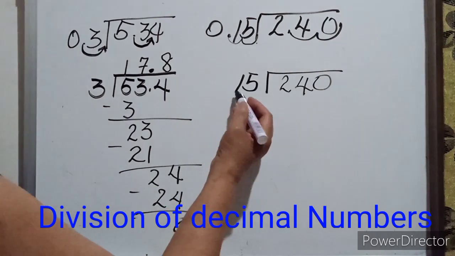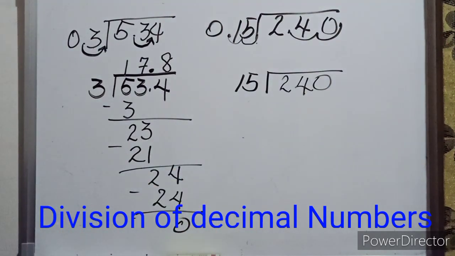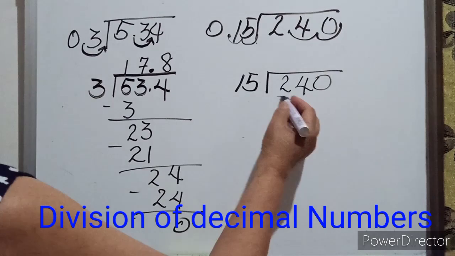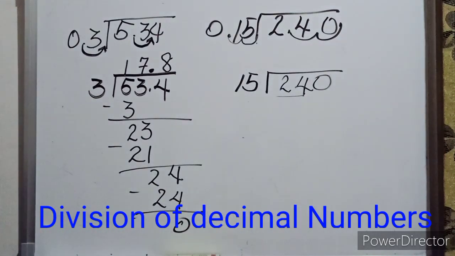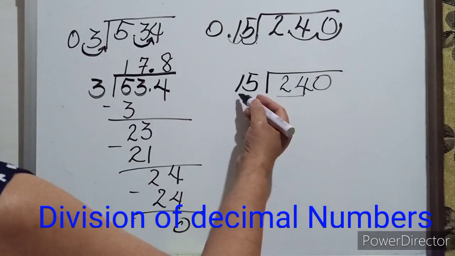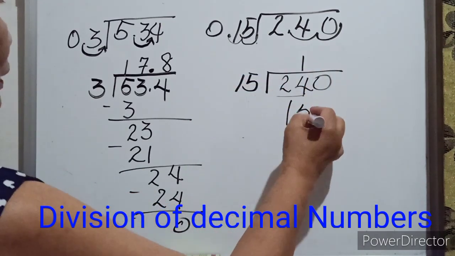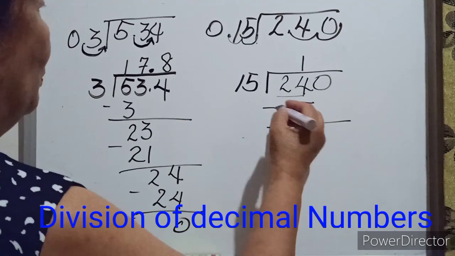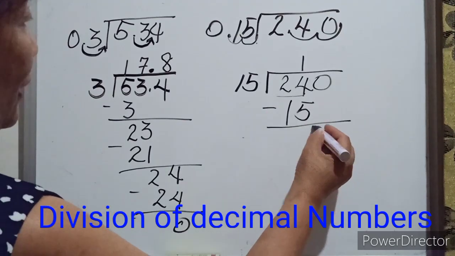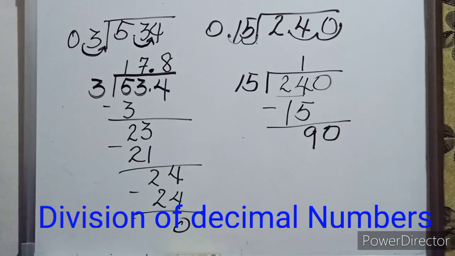Since there are 2 digits in our divisor, we need to start also with 2 digits in our dividend. Thus, 24 divided by 15 is 1. 1 times 15 is equal to 15. We subtract. 24 minus 15 is 9. Bring down 0.